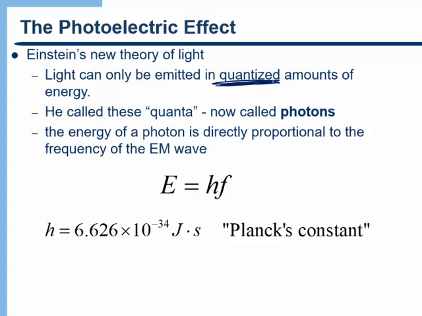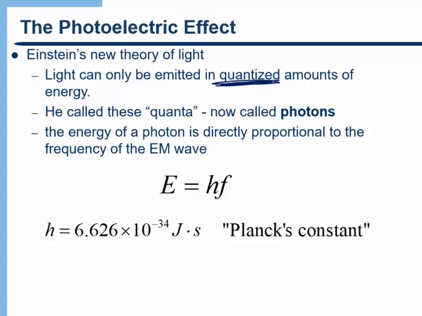So that's the idea of quantization. Here's a new use of it though. We're saying that energy is quantized. Think about if kinetic energy were quantized when you're driving your car. It would mean you could go 20 miles per hour or 30 miles per hour or 40 miles per hour, but nothing in between. That's the idea of a quantum leap, which you may have heard of.